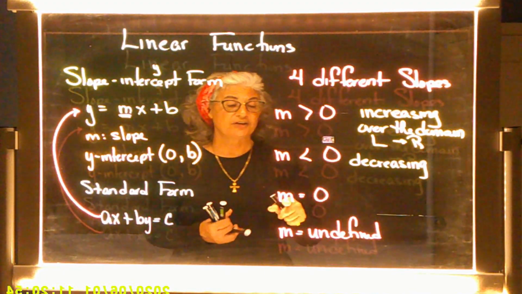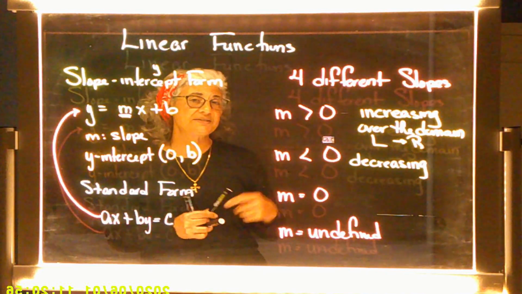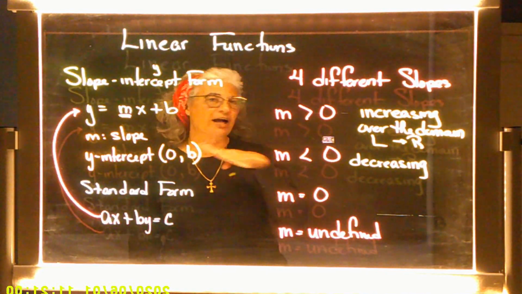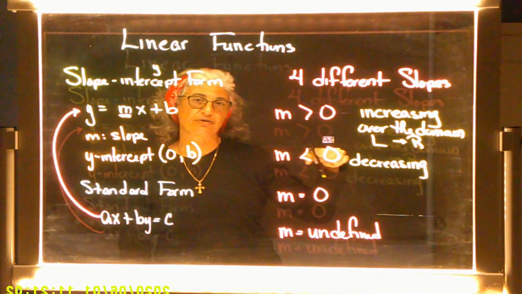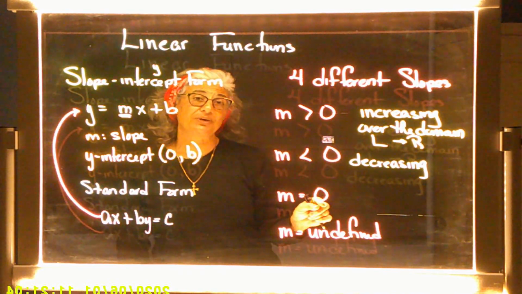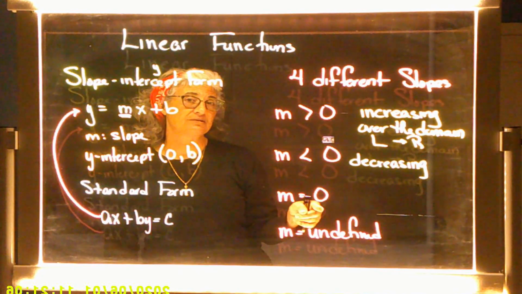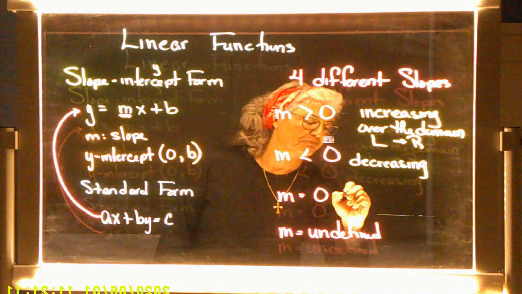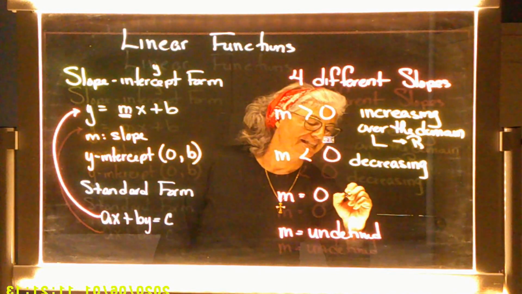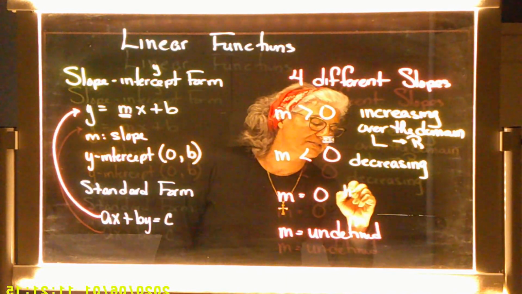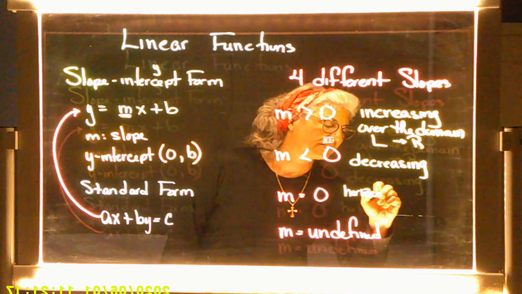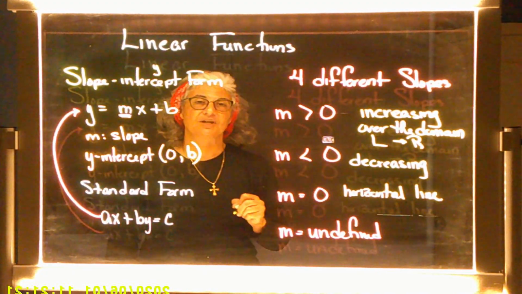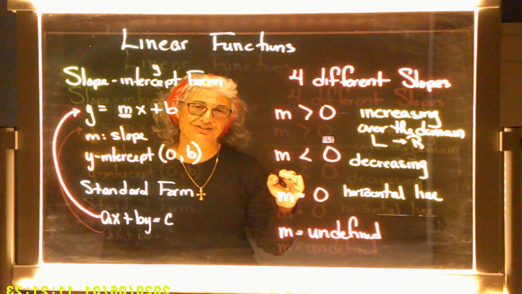Now, if your slope is actually equal to 0, this is what I call the flat line. This is what I call out in the middle of no man's land, prairie land, with 0 hills to be found, right? This would be your horizontal line, because there is no change.